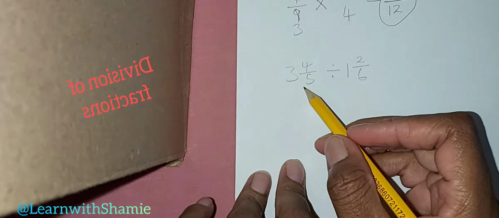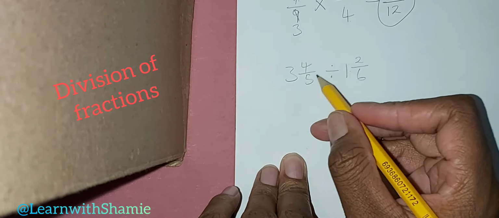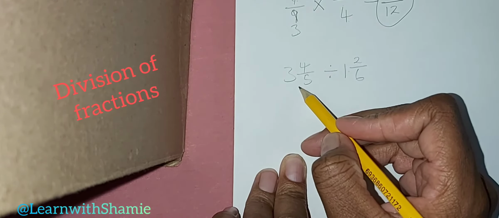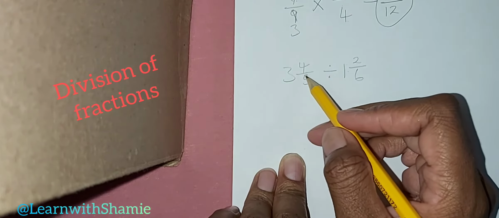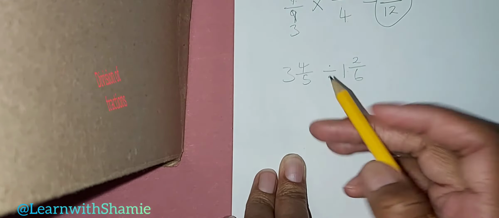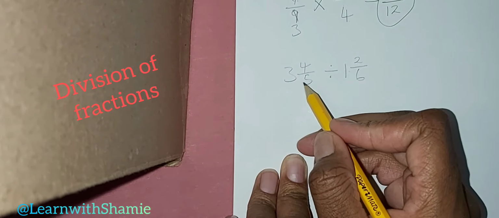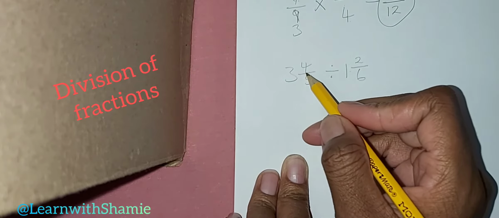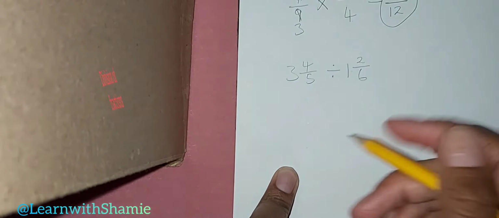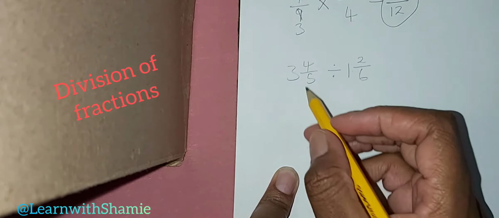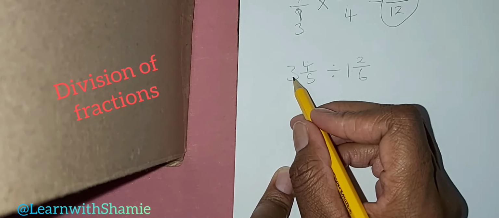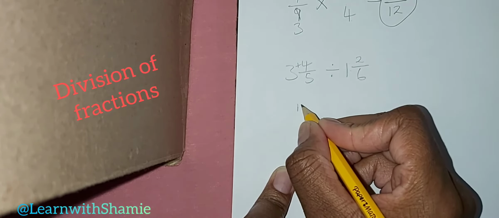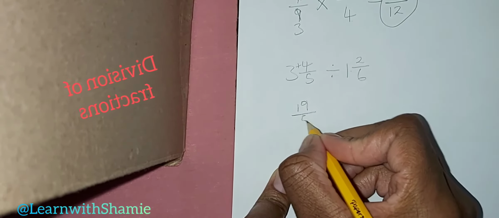So the rule about division of mixed fractions is that you're going to turn the mixed fraction into an improper fraction, and in order to do so you need to multiply the denominator by the whole number, then you add the numerator. Let me show you exactly how that is done. So you're going to say 5 times 3 is 15 plus 4 is 19. So you'd have 19 over 5.